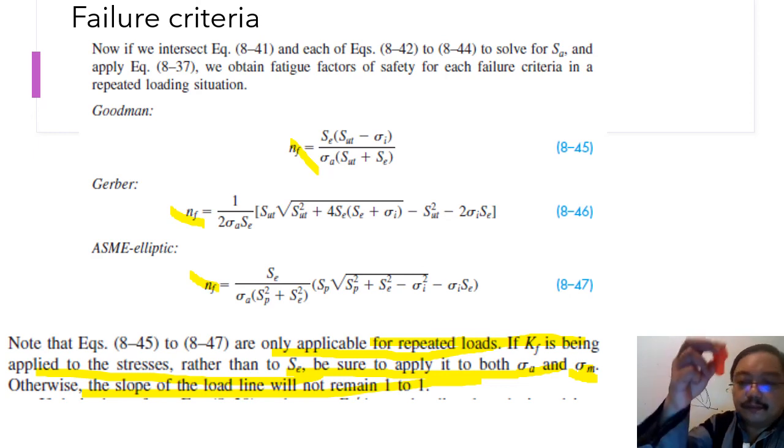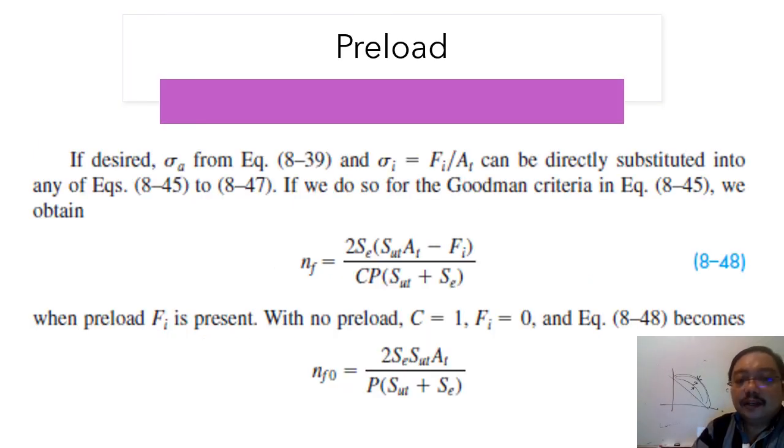on the board. Okay, and then this is the preload. If the desired alternating stress for equation 8-9 and the stress can be put directly into equations 8-45 to 8-47, which are the equations in the previous slide. If you do the Goodman criteria, you can get the load factor, and this is the equation.